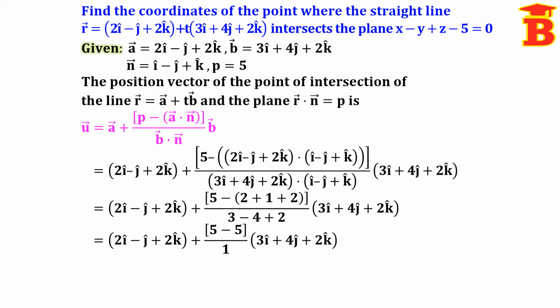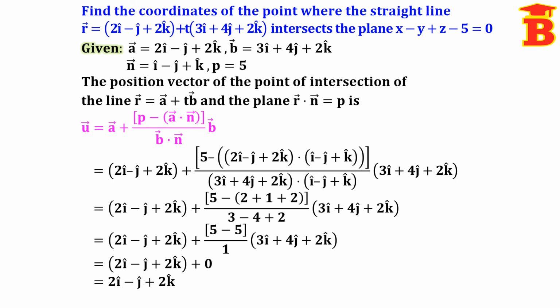And here note that this 5 minus 5 is 0. 0 into anything is 0. So we get 2i minus j plus 2k plus the next term is 0. Therefore, the final answer is 2i minus j plus 2k.